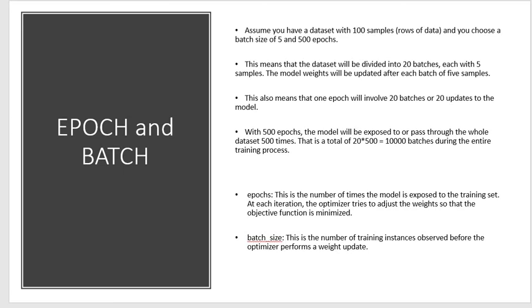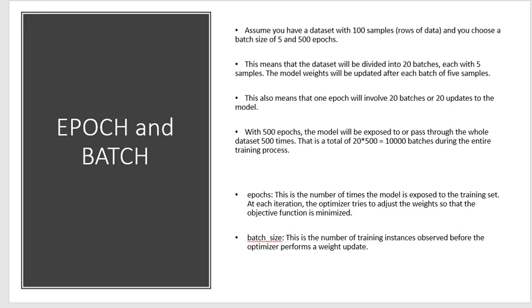With 500 epochs, the model will be exposed to the whole dataset 500 times. That is a total of 20 times 500, that is 10,000 batches during the entire training process. I think by now you are quite clear on the difference between an epoch and a batch.